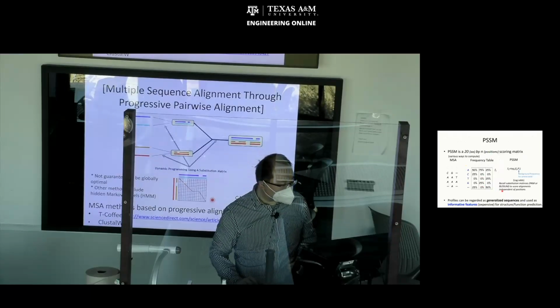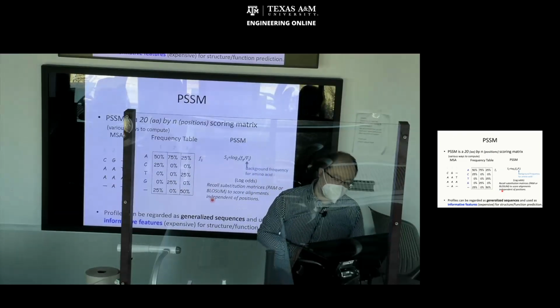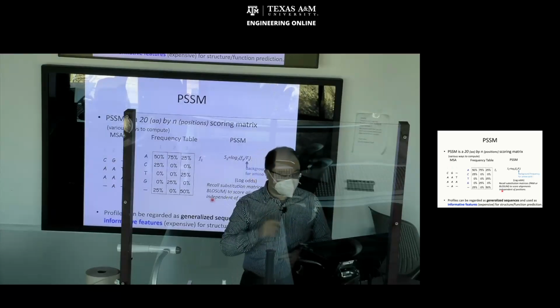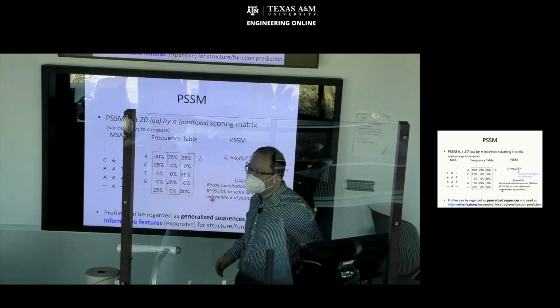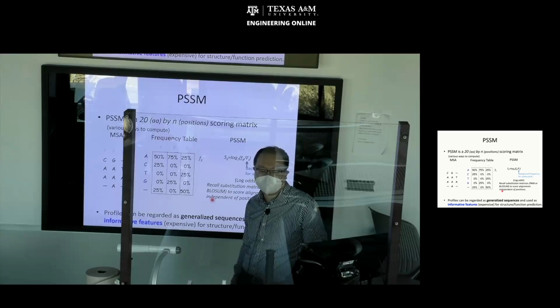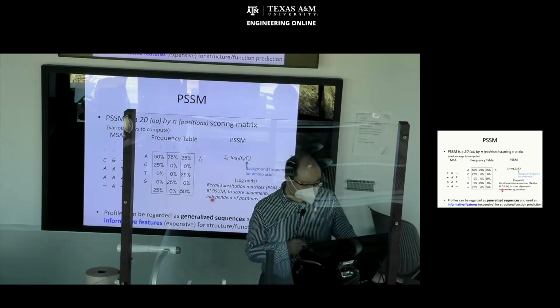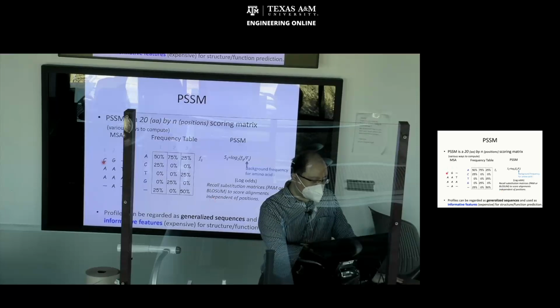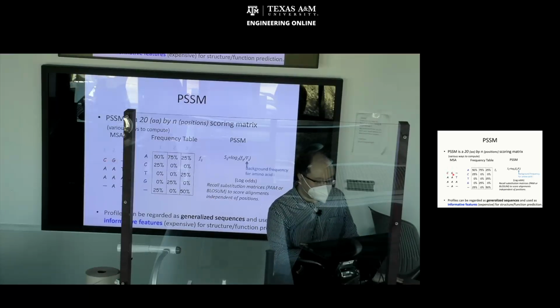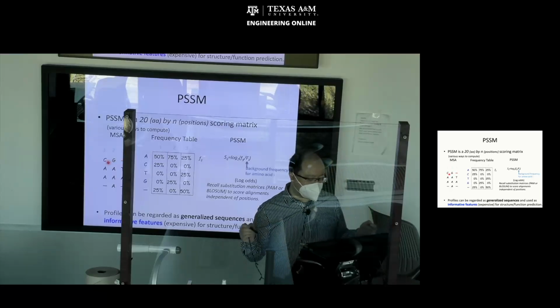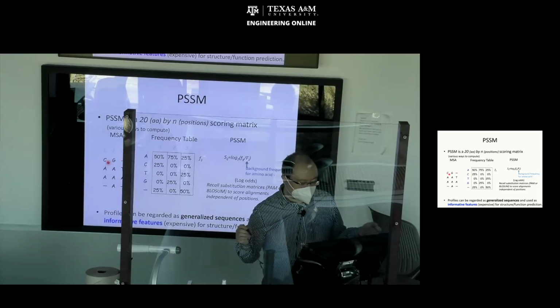So what is a position-specific scoring matrix? Well, you can think of it as some kind of probability mass distribution, okay? So previously you heard about the notion of describing a sequence, in this case, a nucleotide sequence, as a sentence written in a lot of letters, right?